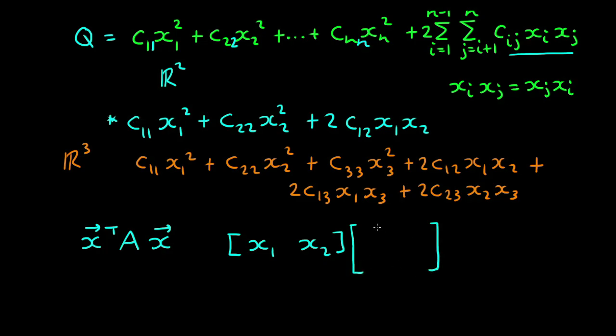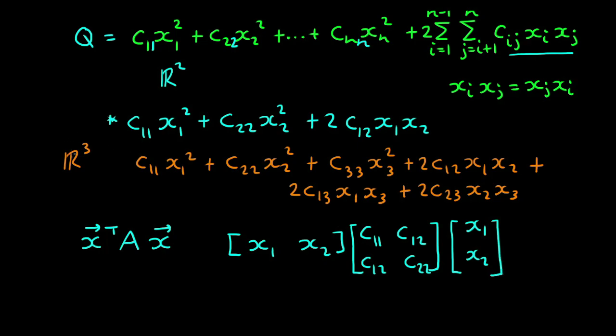So we take the coefficients of the squared terms and put them on a diagonal, and we take the coefficients of the cross terms and put them off the diagonal. So essentially we have 2 of C12. So we put each separate C12 in row 1, column 2, and row 2, column 1. So this matrix A is symmetric. And then we multiply this by x1, x2.